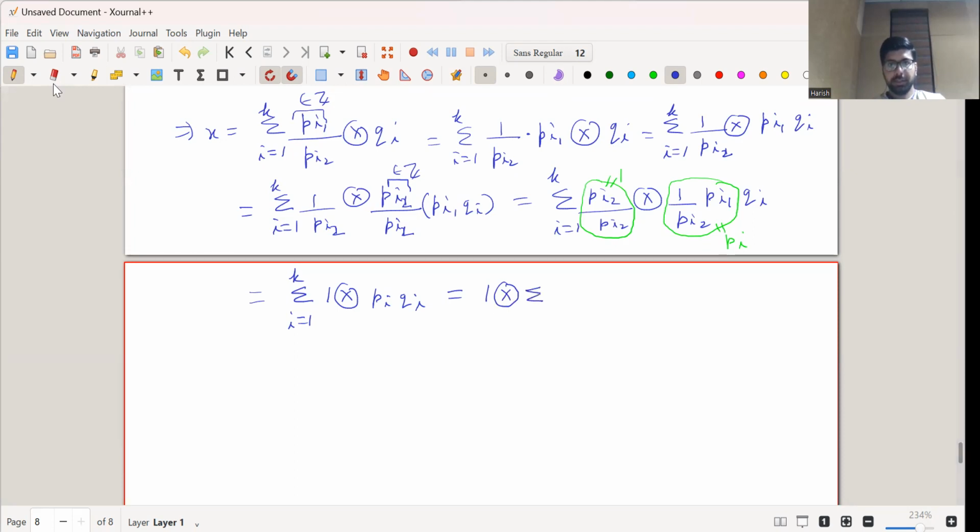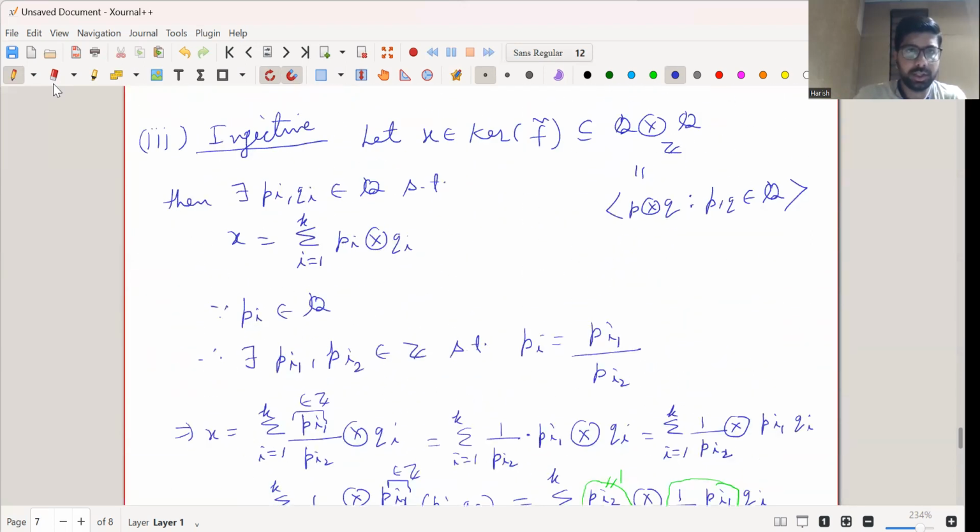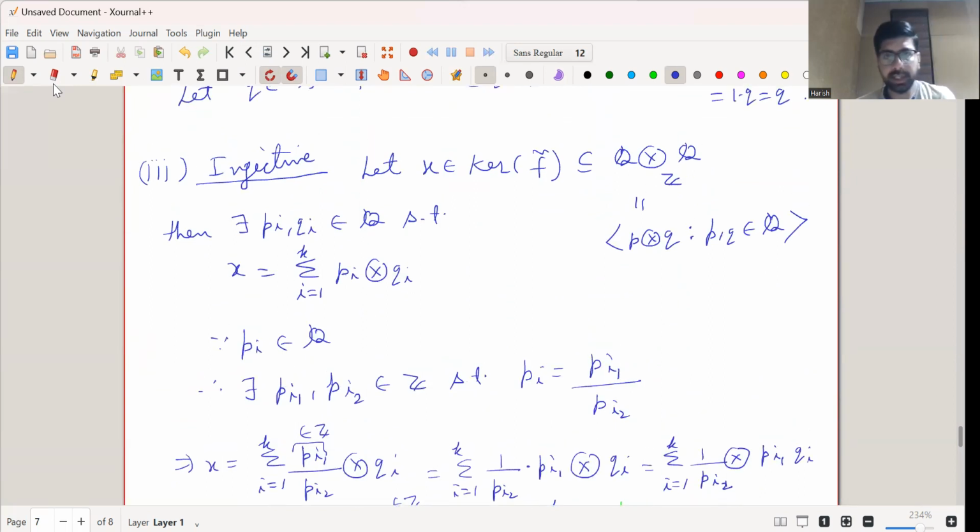This is 1 tensor the sum of p_i q_i, i equal to 1 to k. So this implies your x is this, right? This you can do for any arbitrary element. You need not even take x inside the kernel. I haven't used anything from the kernel. This will hold for any arbitrary element.